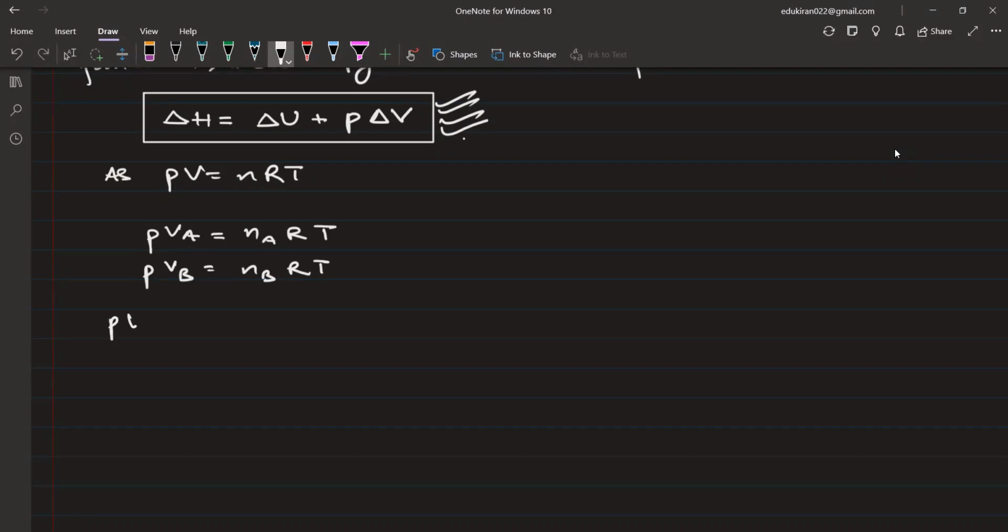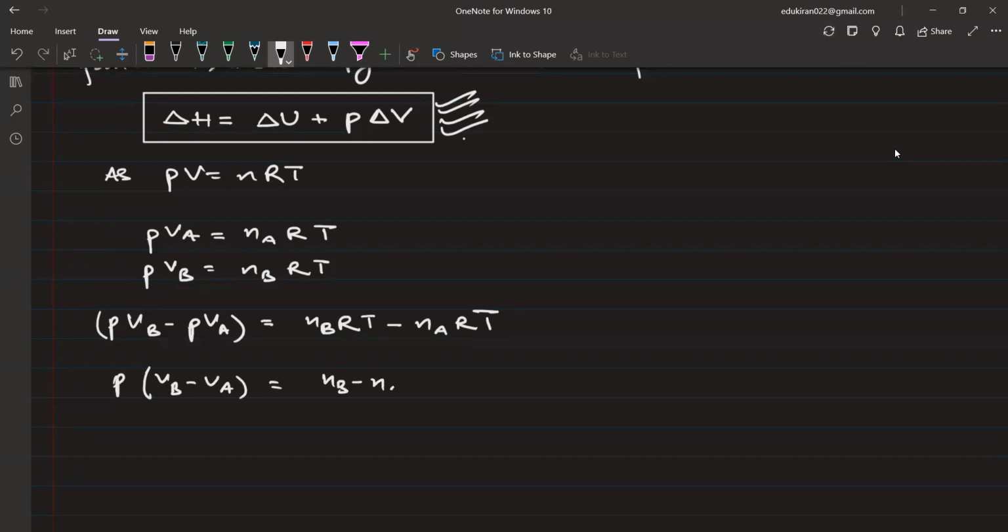Now pressure into VB minus pressure into VA will be equal to nB RT minus nA RT. Now we can write, taking pressure common, P into (VB minus VA), final minus initial, is equal to (nB minus nA) RT. VB minus VA we can write as P into delta V.